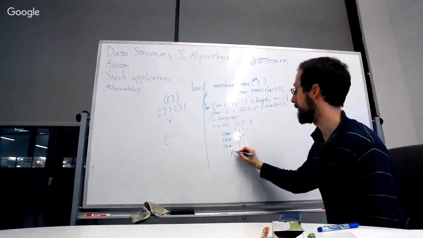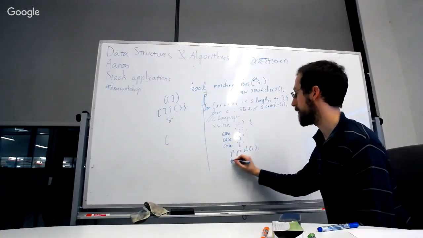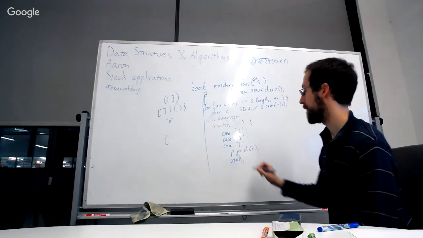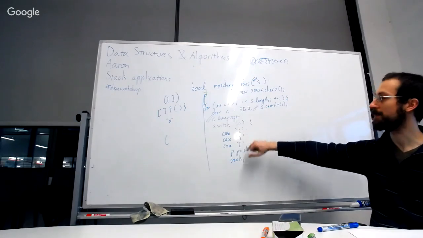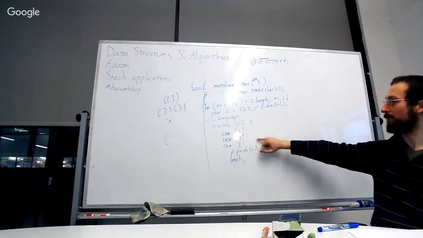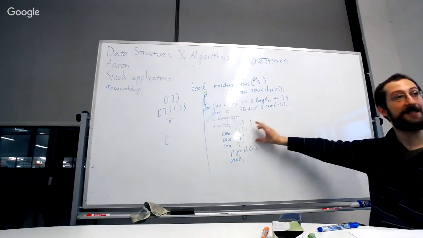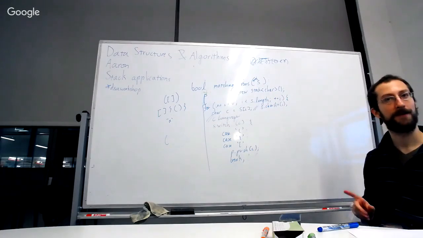And then you can do p dot push c, and break. So what on earth is happening here? This is sort of like an OR. This is saying if C is open paren, open curly, or open square, you know what I mean. If C is any of these three, just keep on going and then just push it once. And we're done.